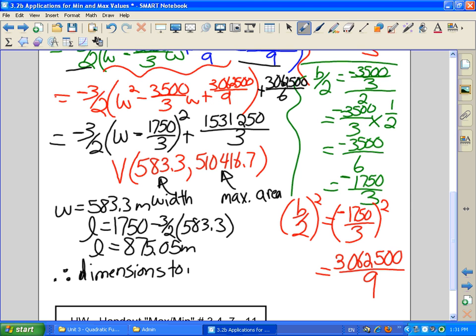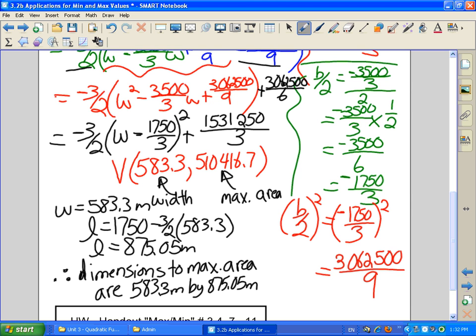So therefore, the dimensions to maximize area are 583.3 meters by 875.05 meters.